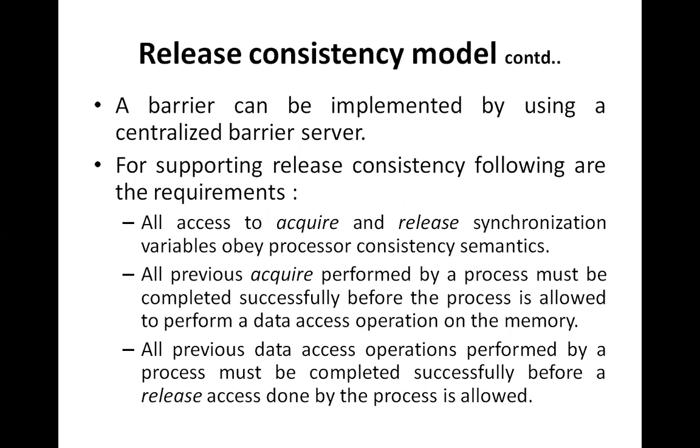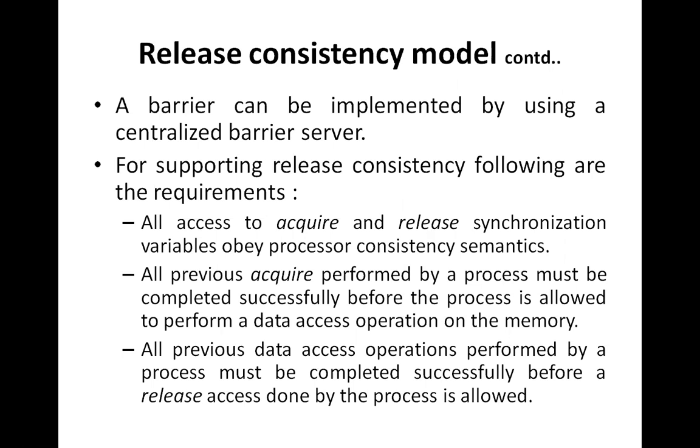Now, this barrier can be implemented by using a centralized barrier server. Whenever a barrier is created, it is given a count of the number of processes that must be waiting on it before they can be released.